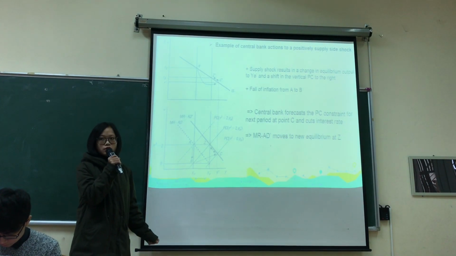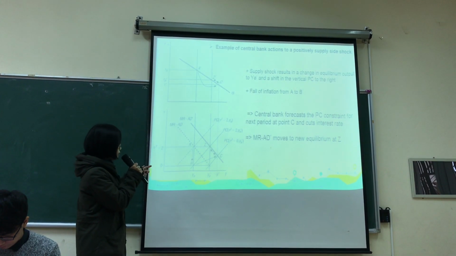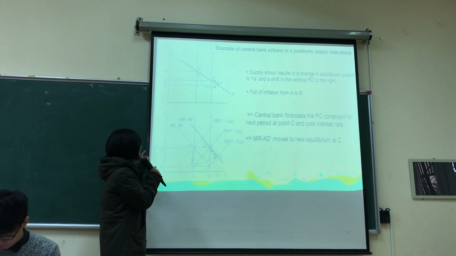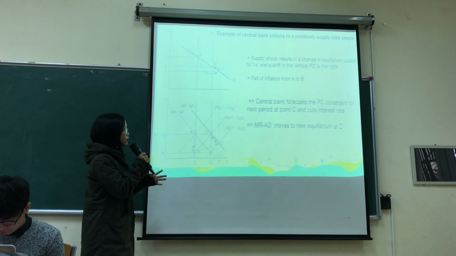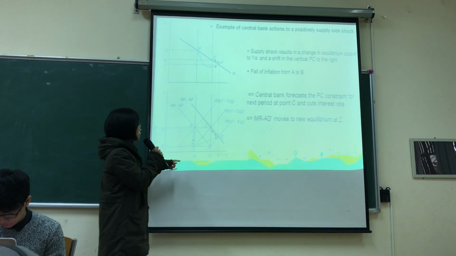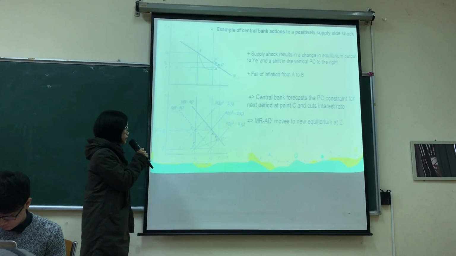The first action of the central bank is to find the optimum point because of the decrease in inflation. Therefore, the Phillips curve also shifts to the right to achieve the inflation target.